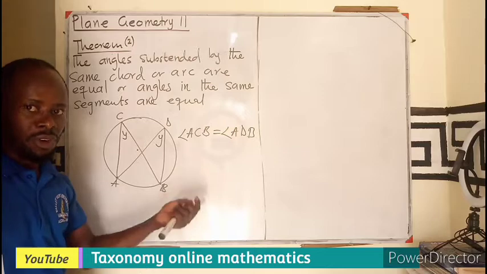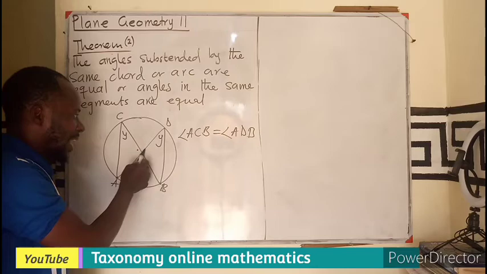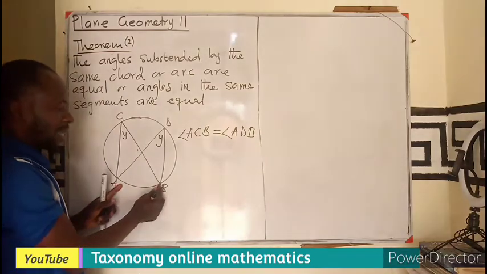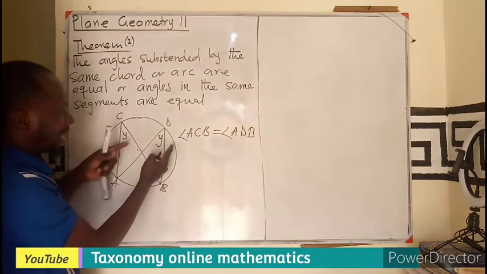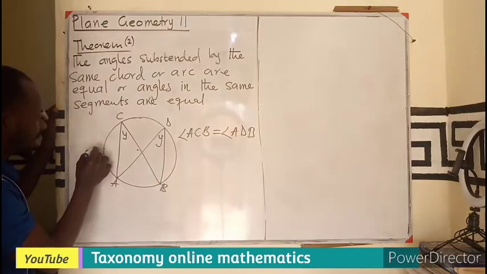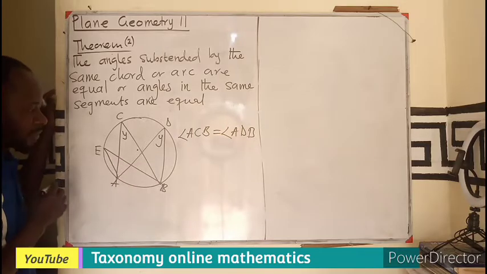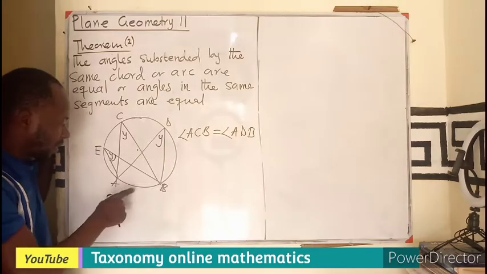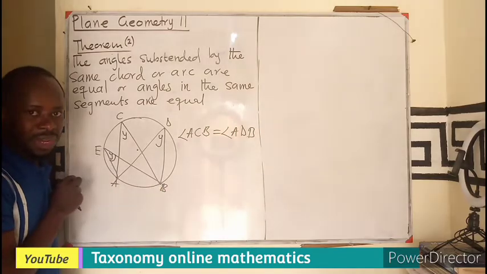This can be proven by drawing and measurement. So it doesn't matter whether the lines pass through the center or not. All we need is that the arc that is producing the angle at the circumference should be the same arc. So that simply means that if I have a point here as E and that continues to make an angle, this angle will also be equal to Y, because the same arc AB is subtending the angle at the circumference.